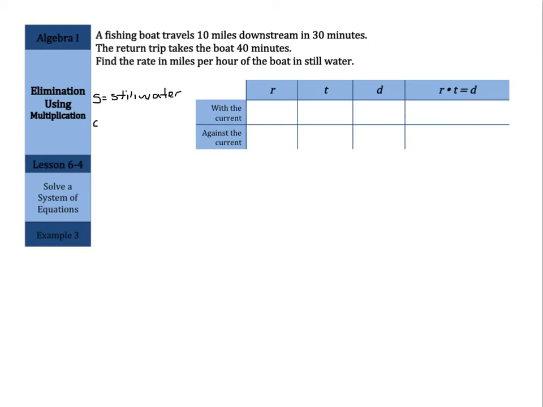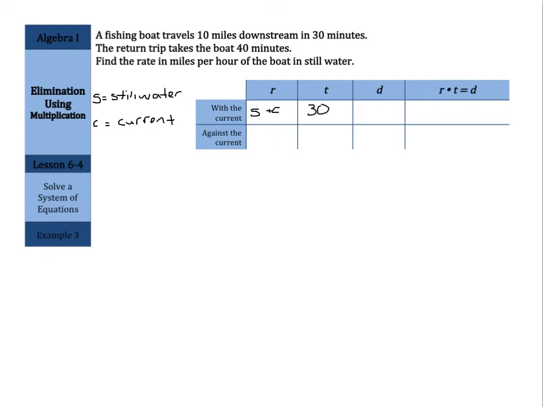And if I define C as the current, my rate with the current then would be the rate it would be in still water, S, plus the current. So the speed in still water plus the current. My time here was 30 minutes, so we'll just write it as 30.